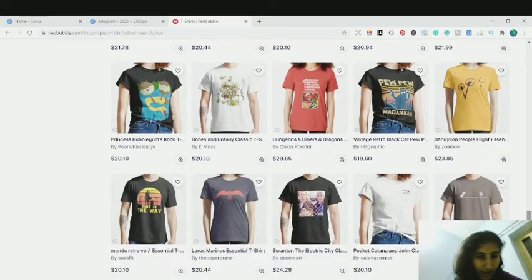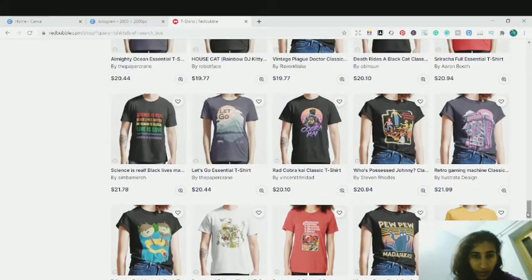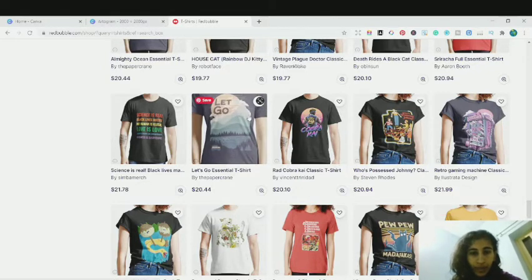Okay, so here it's a princess glass. Okay, so here you can see Let's Go. They have combined the Let's Go text-based design with the nature niche, which is really awesome. This is a really high quality design, guys.